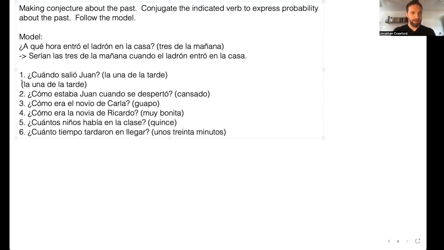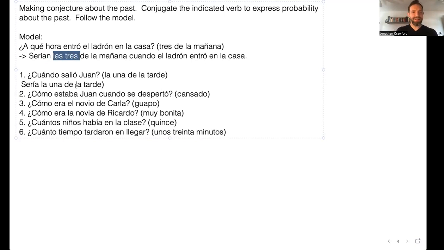But we have to put it in the conditional tense, el potencial simple. So what are we going to say? Sería la 1 de la tarde. Notice that it's sería because la una is singular. Look at the model. Serían has serían because las 3, well, that's plural.